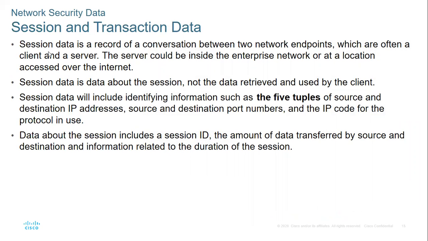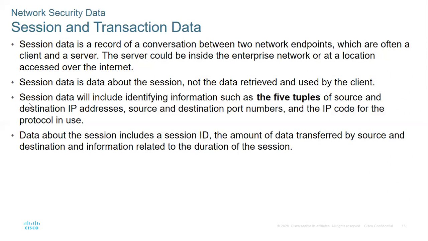Here we have the client, which is always asking from the server, and the server is providing. Session data is data about the session and not the actual data that has been retrieved. These sessions deal with the connection between two endpoints.